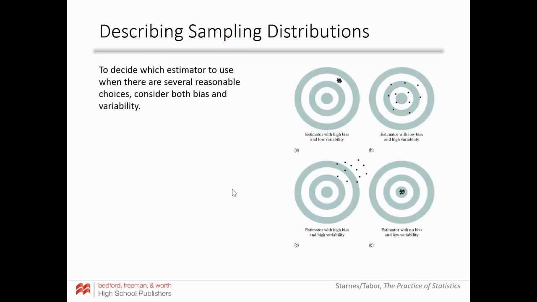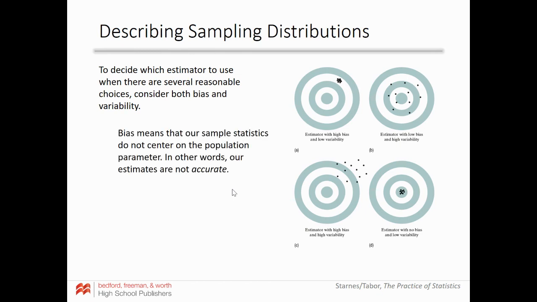To decide which estimator to use when there are several reasonable estimating choices, consider both bias and variability. All right. And we have this little target thing that you might have seen before. Bias means that our sample statistic does not center on the population parameter. In other words, our estimators are not accurate. Think about that range one, right?